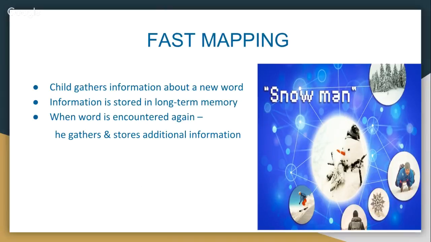So, snowman gets added to winter and sledding fun and snowflakes and snowboarding and snowshoeing. And they start to tie all the pieces together that are snowman. They learn carrot and arms and snowballs, and all of these things are added together to their knowledge of snowman so that their knowledge and understanding of what snowman is becomes more firm.